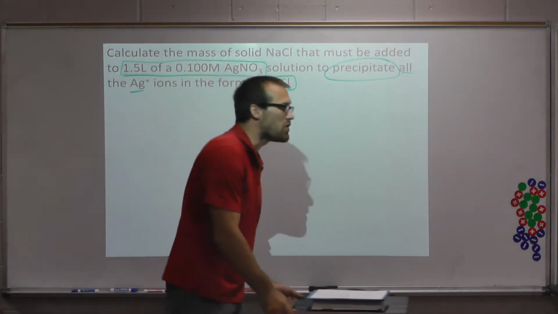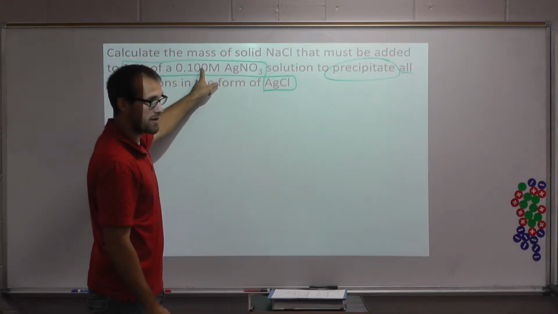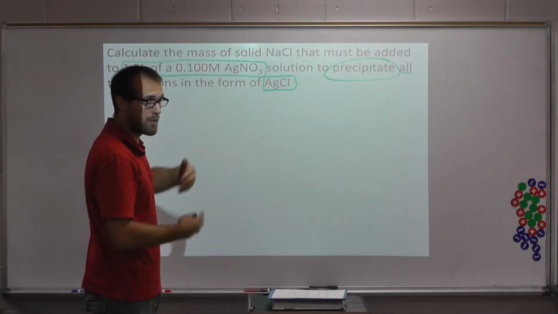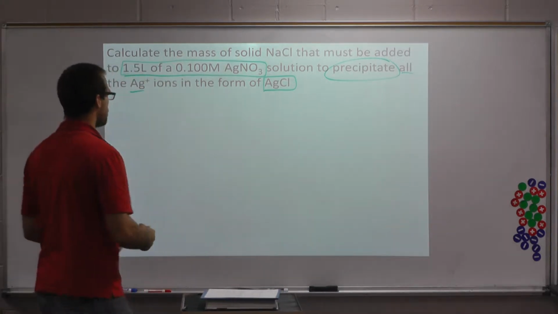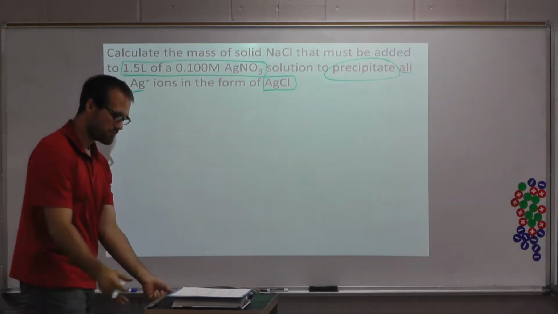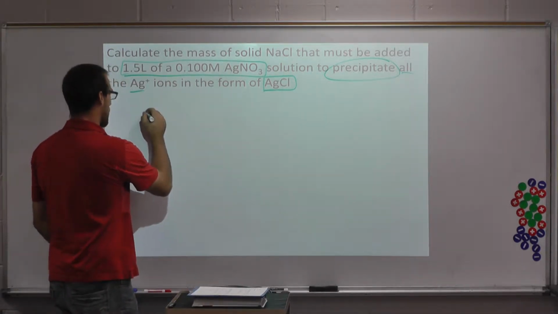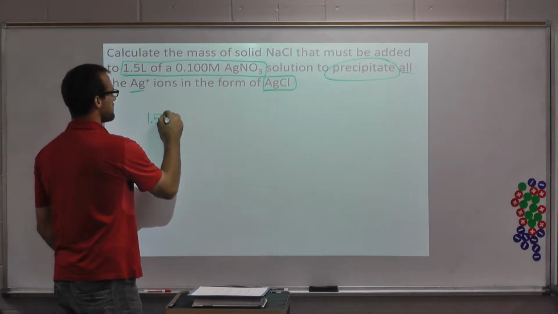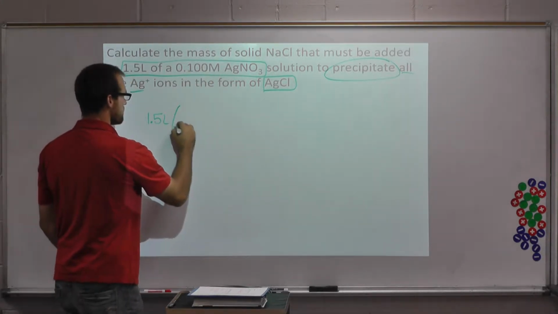So in order to do this, we got to figure out how many moles of silver I have in here. Because I got to know how many particles I got to precipitate out, correct? All right, let's do it. How would I get moles of silver from this information? Okay, I'm probably going to start with the liter just because I'm going to use this as a conversion factor. But you're on the right track.